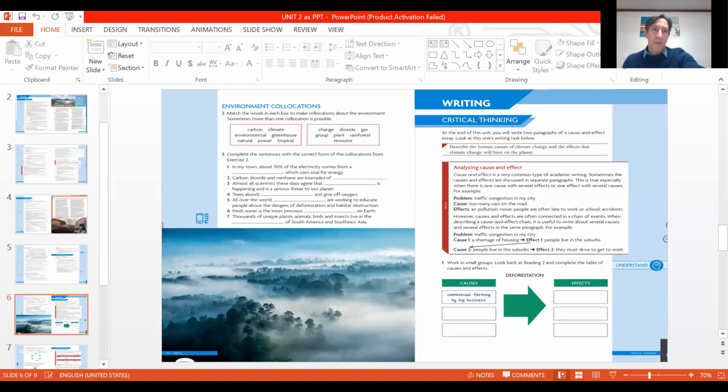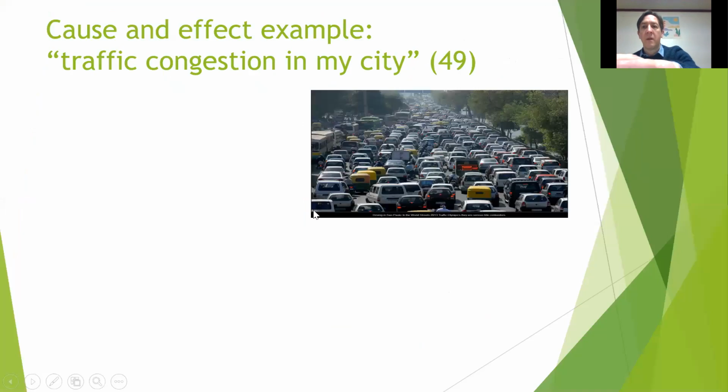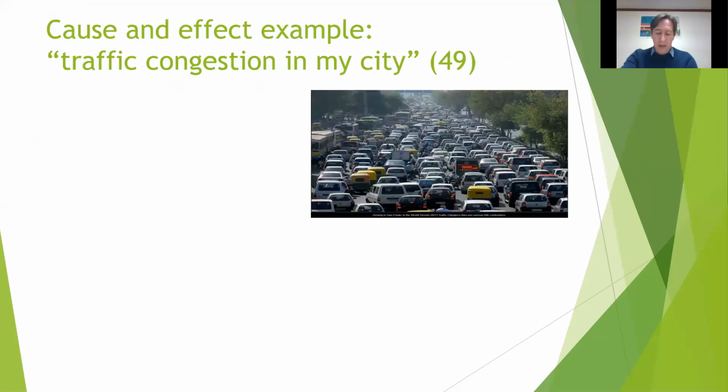Right, let's pull up a different PowerPoint. Okay, so you can see here the first slide of this PowerPoint is page 49. So the problem is traffic congestion in my city. That's the problem.